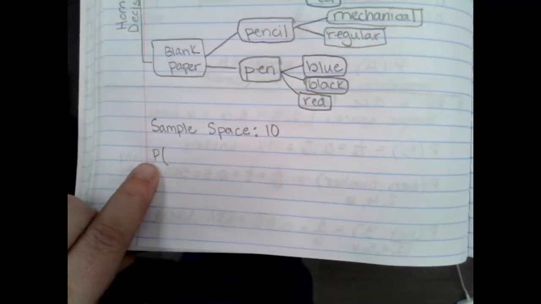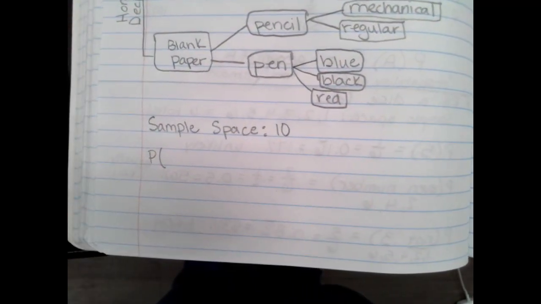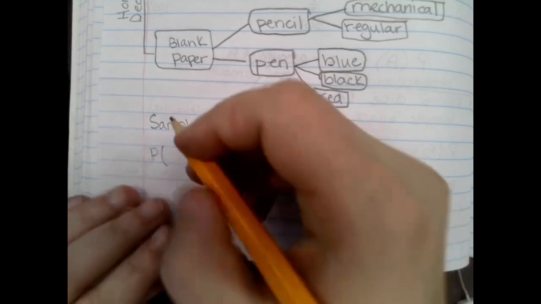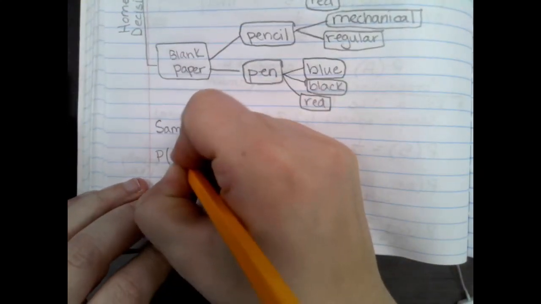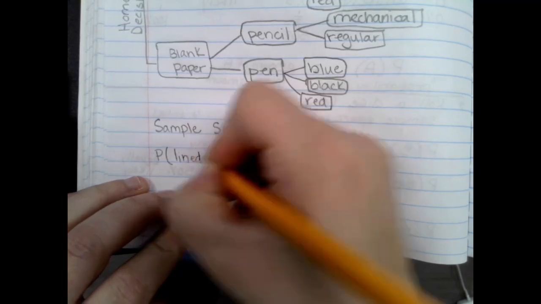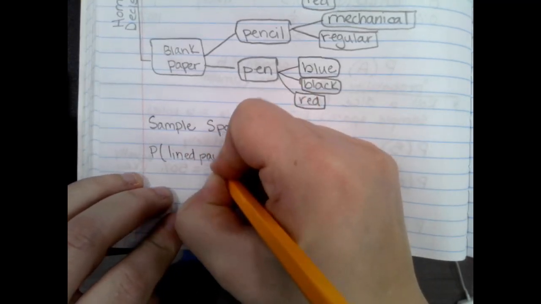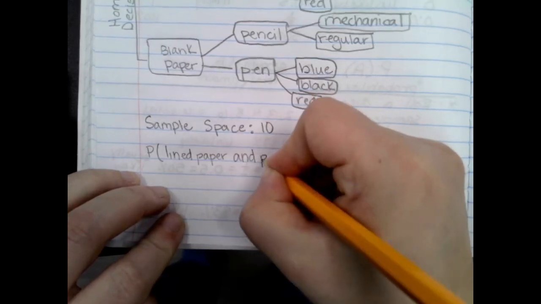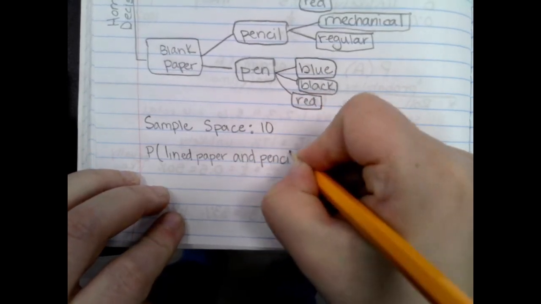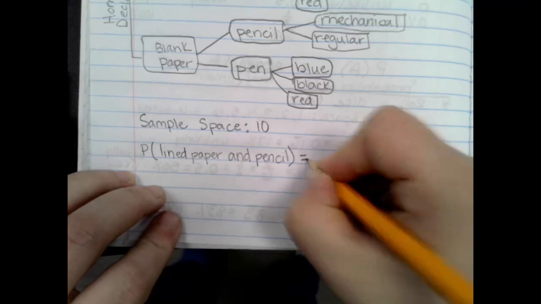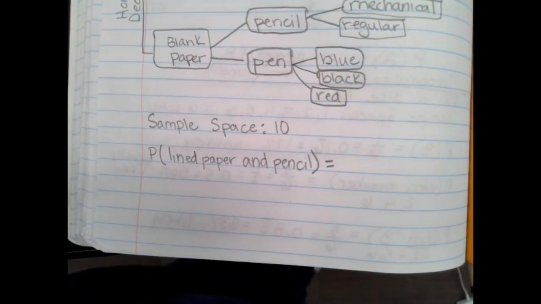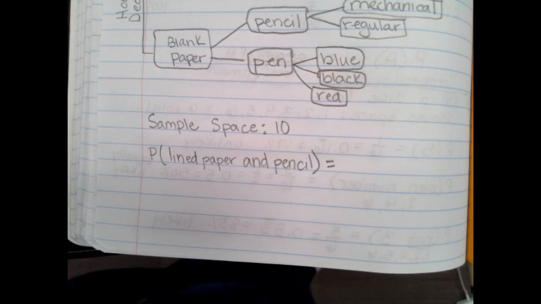We use capital P, and we say that as probability of lined paper and pencil. So if everyone just randomly grabs stuff, I'm finding that probability of lined paper and a pencil.